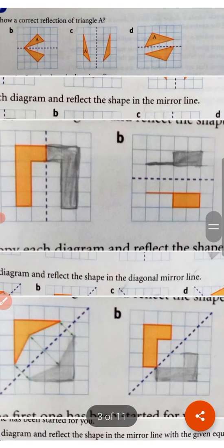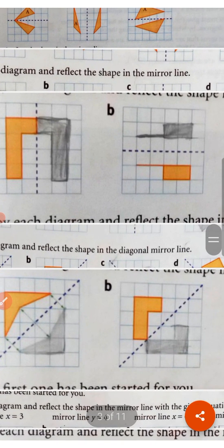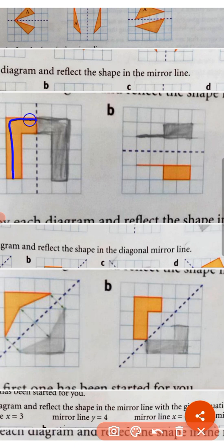Children, here we have to reflect the shape in the mirror line. This is the object. We have to find the image.